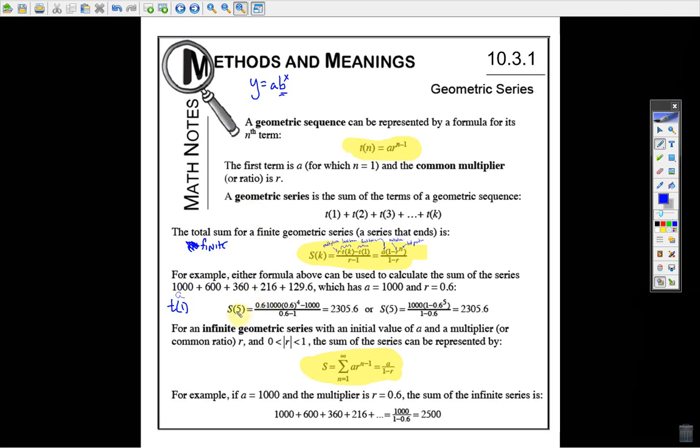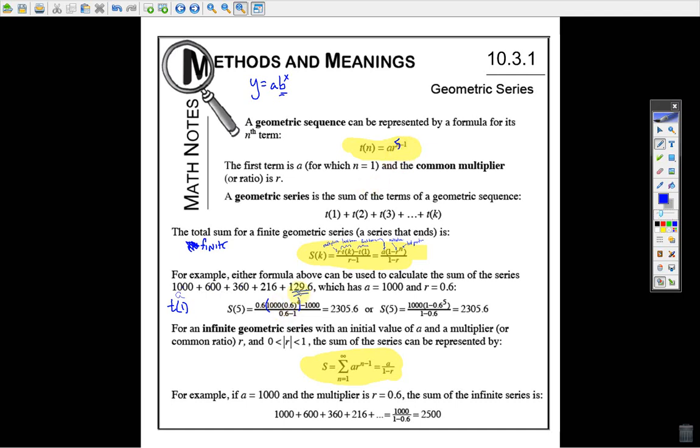Let's start over on this one. So sum of the first 5 terms, this is your multiplier, 0.6. This whole thing is your last term in the series, your t of k, which is going to be 129.6. But instead of writing 129.6, what they've done is plugged in an n of 5 to the equation up here. So 1,000 times 0.6 raised to 5 minus 1, which is 4.